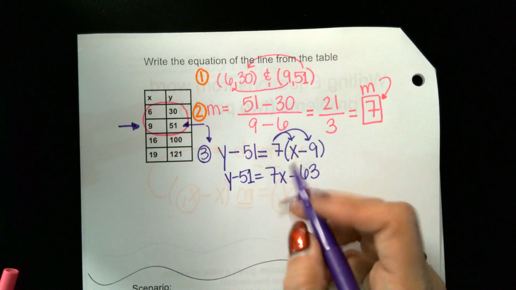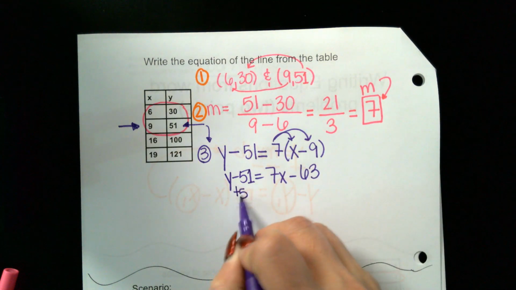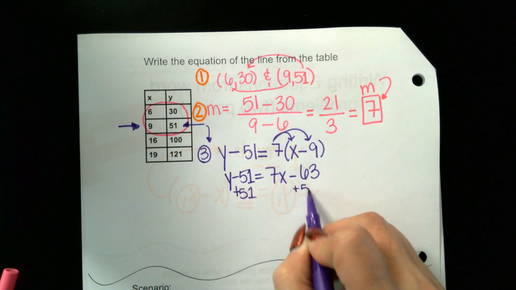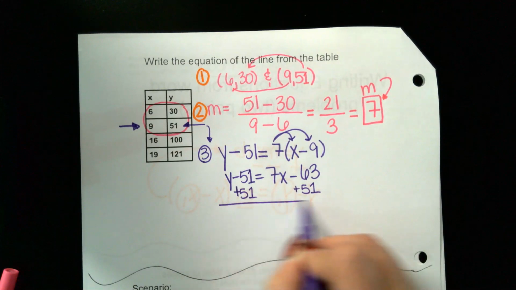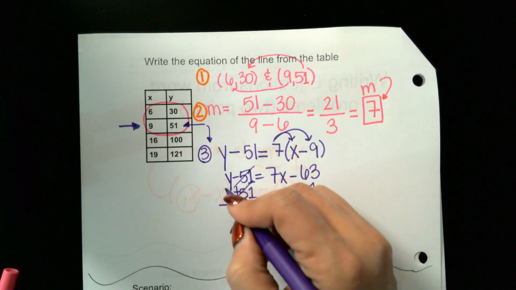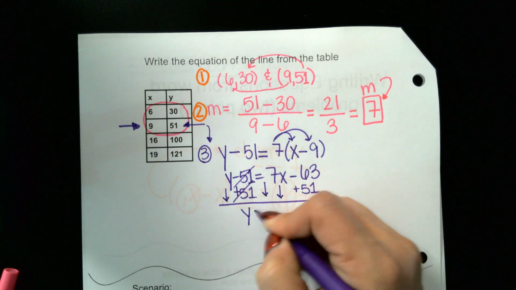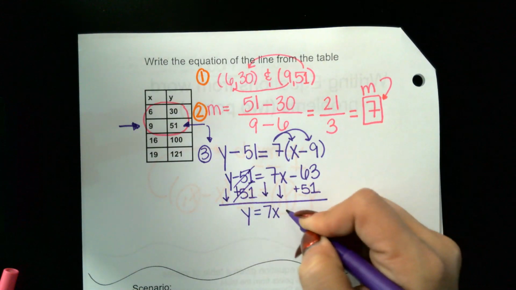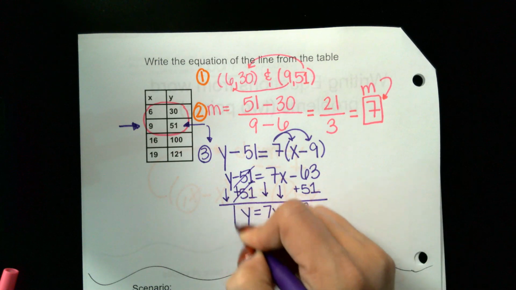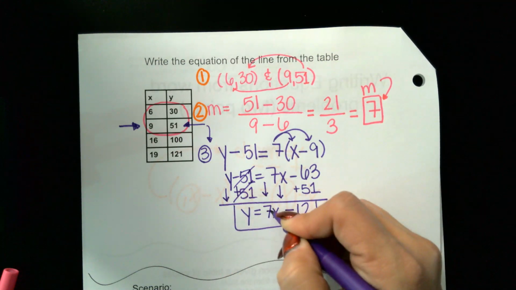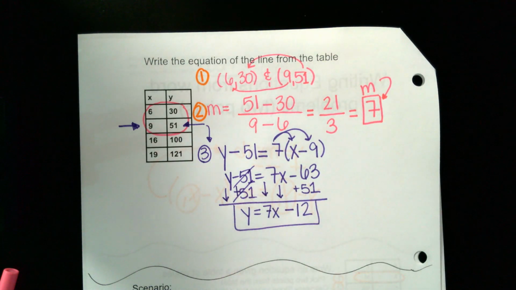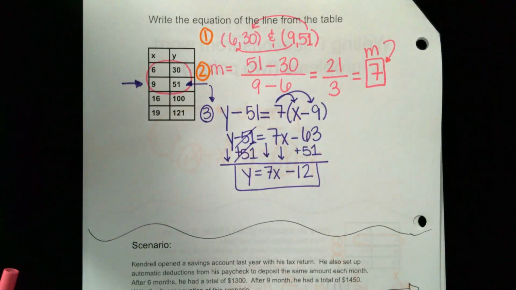So you'd add 51? Yep. Add the 51. So y comes down, equal comes down, 7x comes down. Negative 12? Yep. So there's our equation. y equals 7x minus 12. That is slope-intercept form.